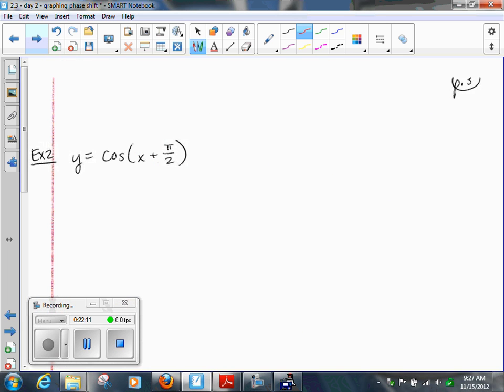The cosine curve, first of all, just by looking at it, is it going to be an up cup or a down cup? A normal cup. Why? Because it's positive. So it's going to look like that, right? It's going to look like a cup. But it's going to be shifted to the what? To the left. All right, I want you to try that one yourself. You have to find all the stuff and you have to graph it. Yes.